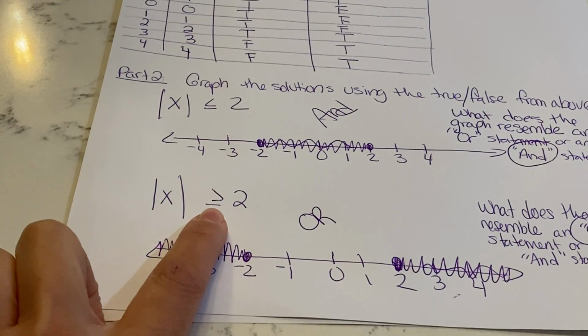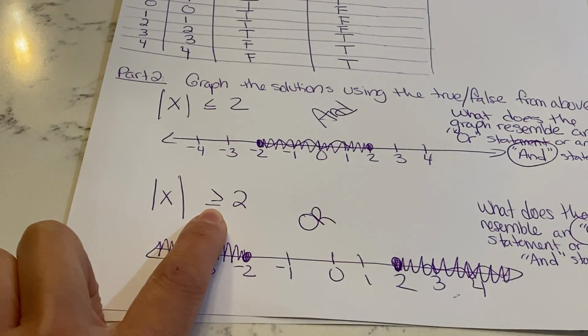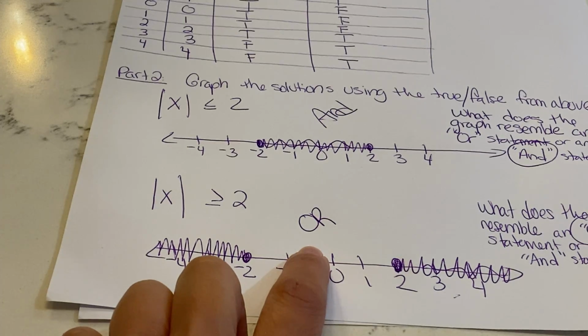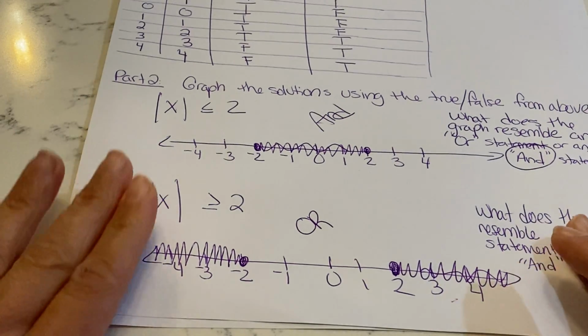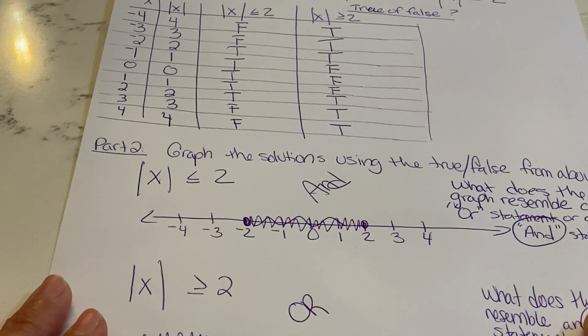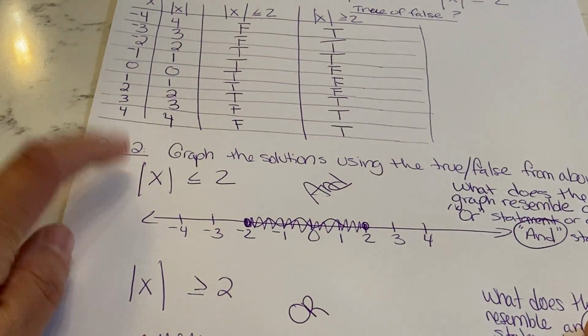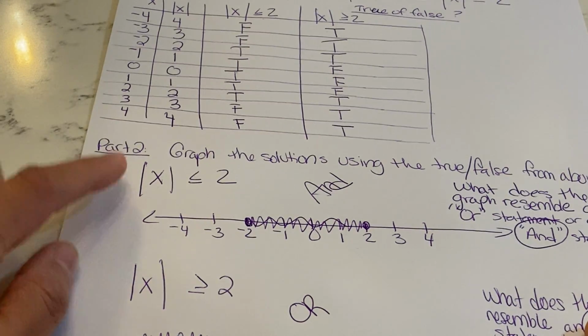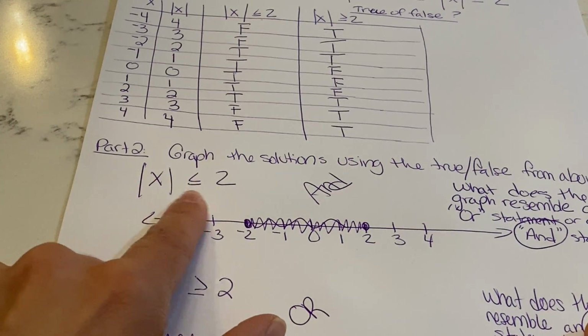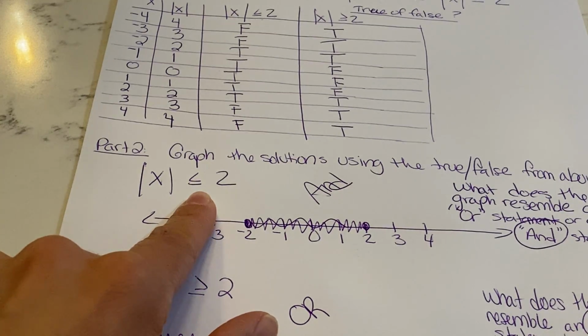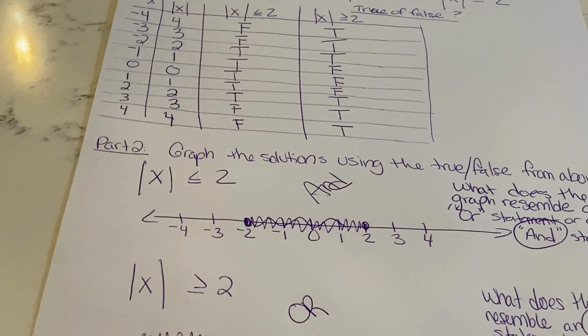A greater than or equal will represent a statement of an or. So your graph should be going in the opposite direction. As you can see, when I am given an absolute value inequality, I should end up with 2 endpoints. That means when I see an absolute value inequality, I'm going to have to rewrite it into 2 inequalities.